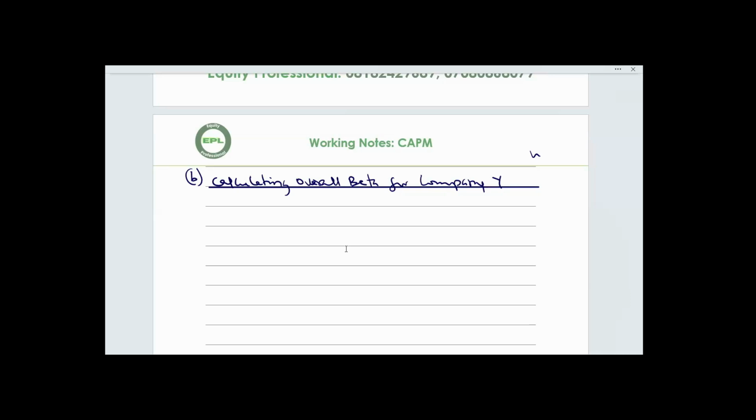In this question, we don't have standard deviation or correlation coefficient, so that one is out. The second formula is where you are given covariance and the variance of the market. Again, we don't have covariance or variance of the market, so that one does not apply.